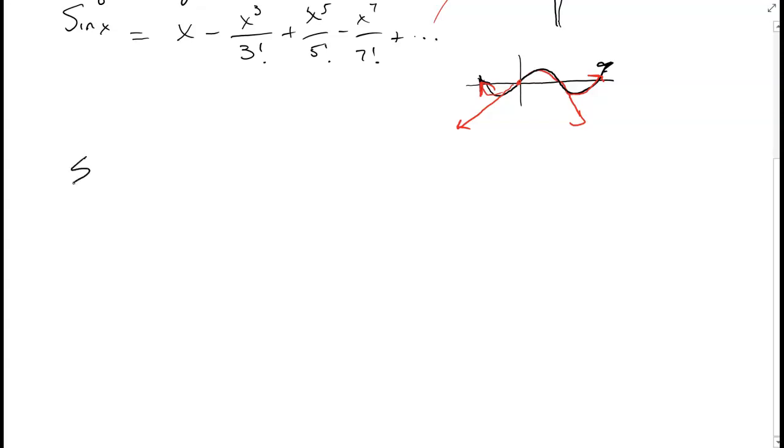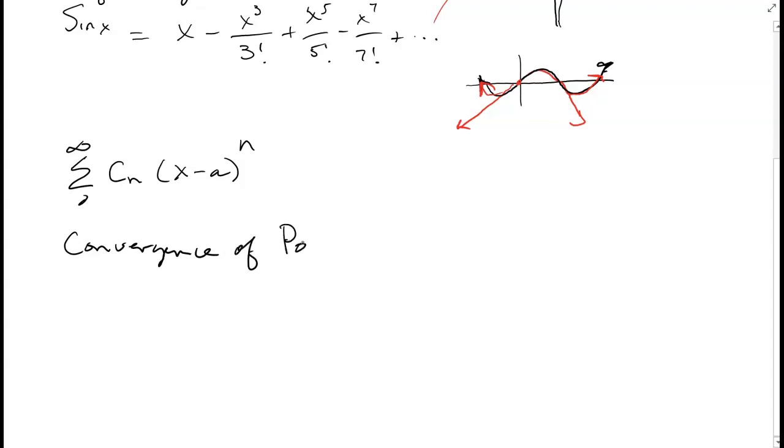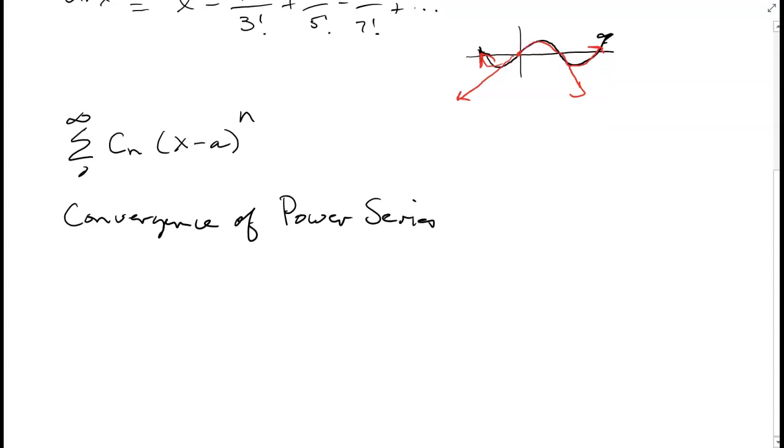For any power series, and we can go general, we don't need to just do Taylor series, for any power series centered anywhere, the convergence of a power series happens in one of the 3 following ways.